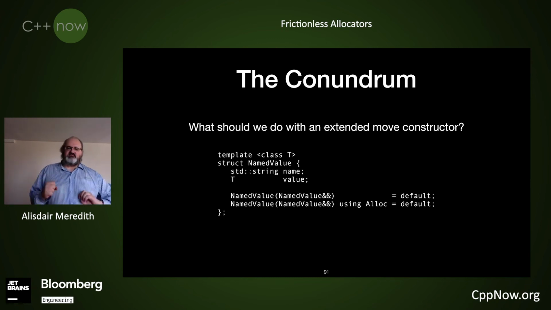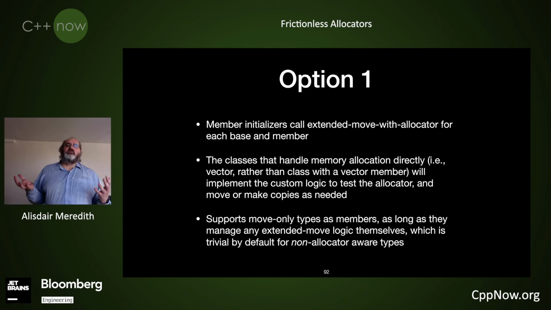We know they're all the same, and that's great. And now we've got the move-with-allocator constructor, taking any value using alloc, and I'm going to do the default implementation. Should it propagate down, or just do... two different styles here.